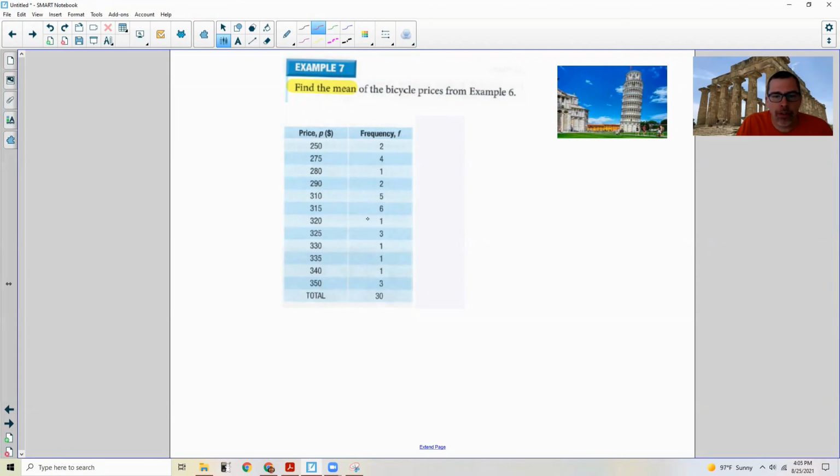So if you add a bicycle at 315 and the average was 320, that would reduce the average because it's below average. If I added another bicycle at 350, and the average was 320, the average would increase because you add a number above the average.